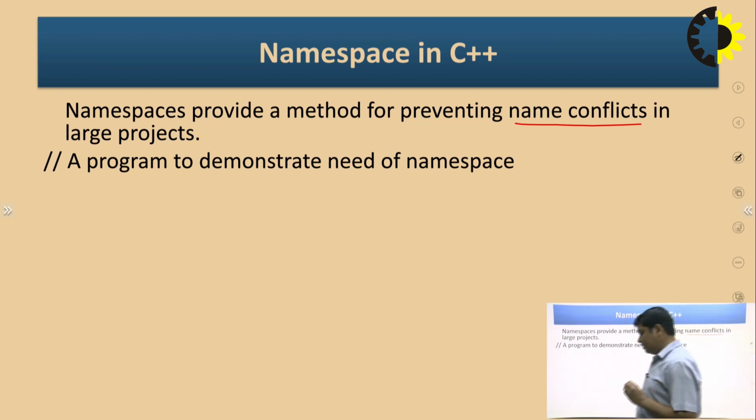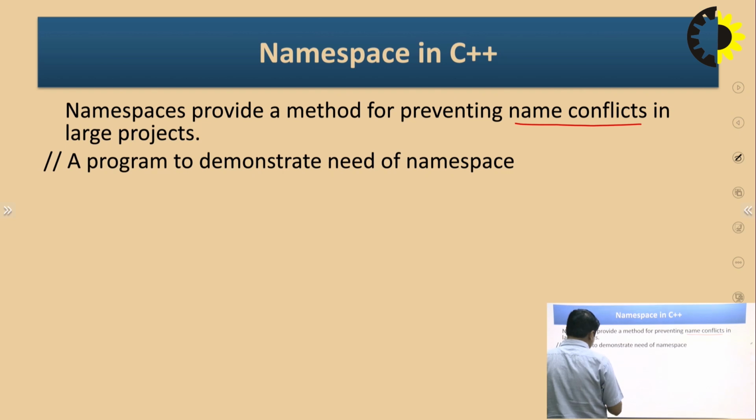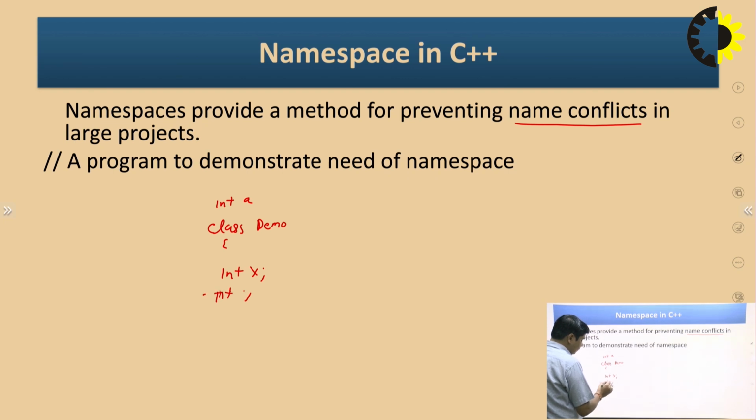Let us first understand. Suppose we have one variable, int a. Inside class demo we have one variable int x and another float type variable x.